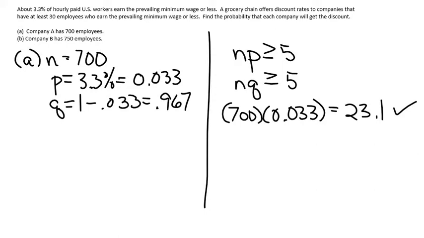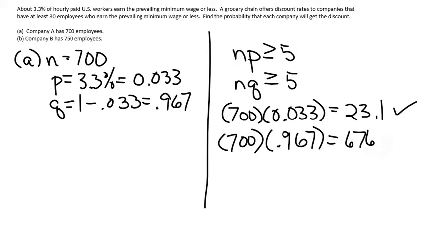So that part checks off. Now let's verify that N times Q is bigger than or equal to 5. 700 times 0.967 is equal to 676.9. So the second part verifies. Now we can safely assume the normal approximation to binomial distributions.